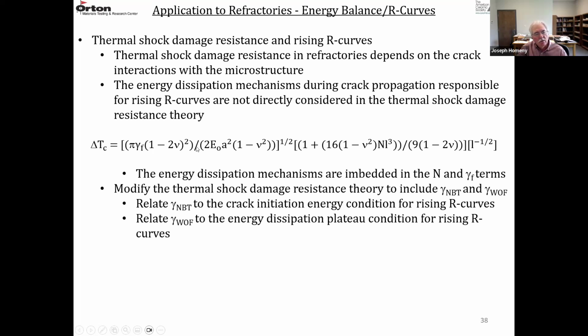So we can take this approach, the energy balance approach, and we can modify it to include these commonly measured values, gamma NBT and gamma WF. We can relate gamma NBT to crack initiation condition in a rising R curve, and then we can relate gamma WF to the energy dissipation plateau for the rising R curves.